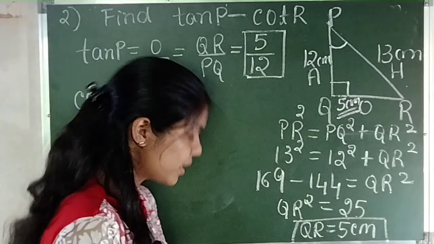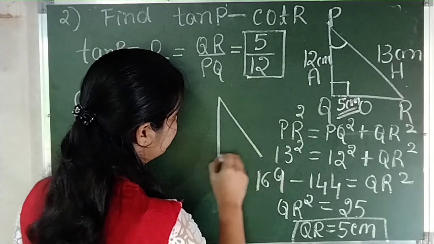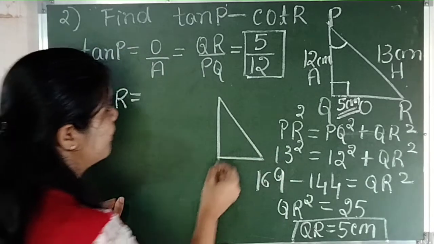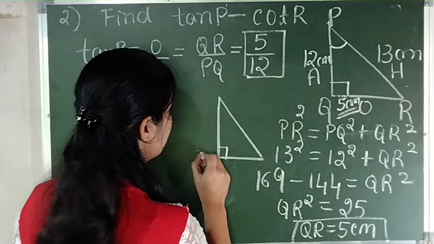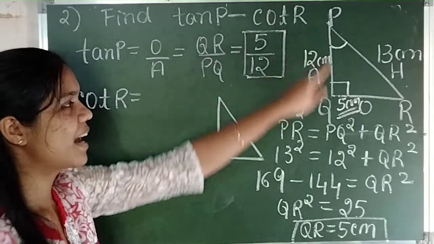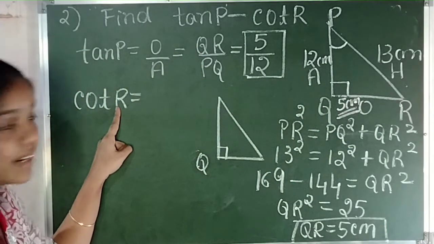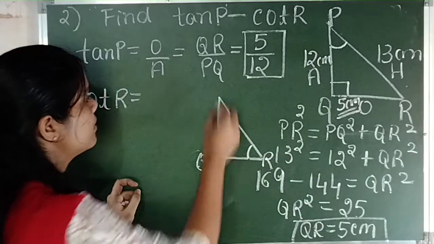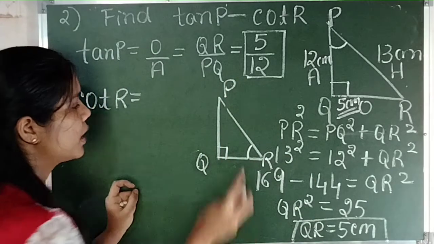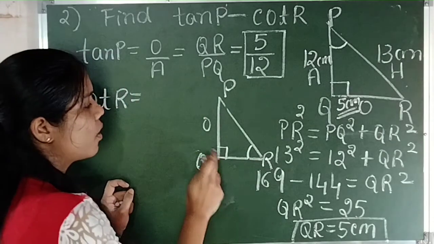Now I will consider one more triangle, which is right angled at Q, because the triangle is PQR, and since the angle is present at R, I will consider R here and this is P. Now the side opposite to R is the opposite side.